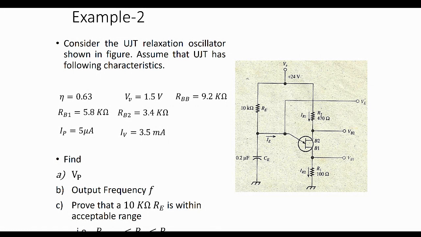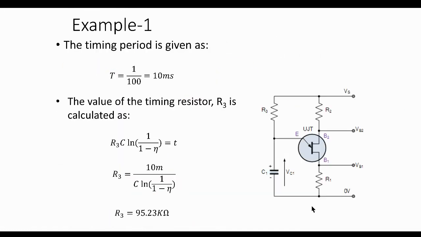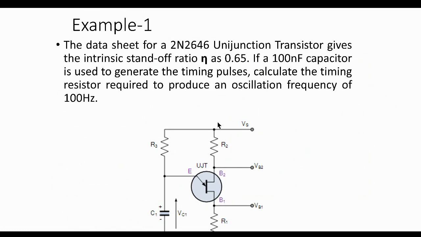This question. Oh, the question. All right, no problem. So this is the question, right? And as I was saying, you have the part, this UJT transistor 264.6, and it has an intrinsic standoff ratio of 0.65.